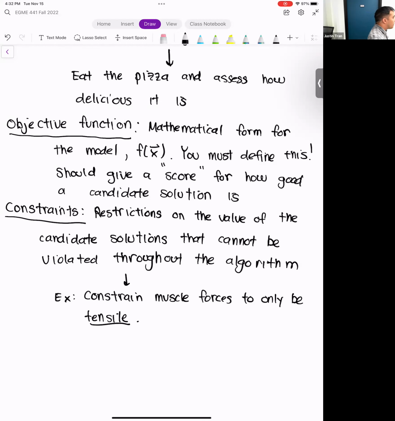That's just physically impossible, because of how muscles work. To make sure that doesn't happen, you can place constraints on your design variable.